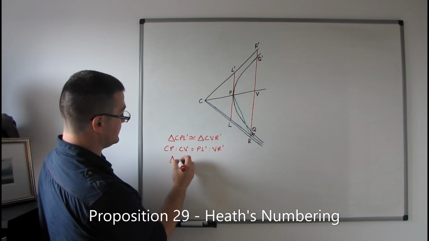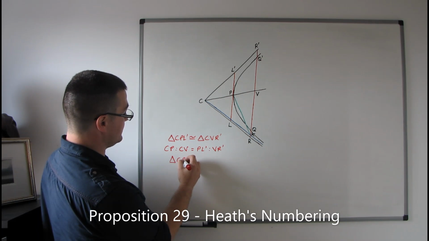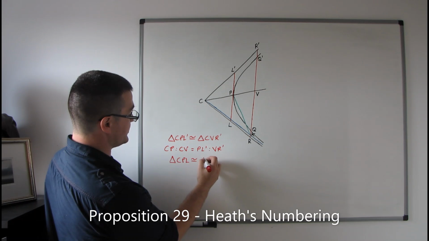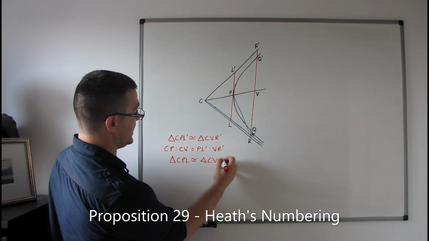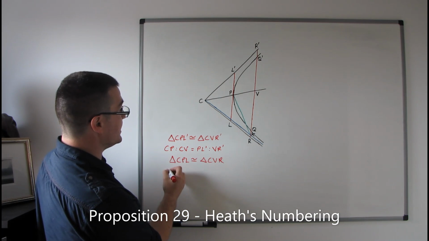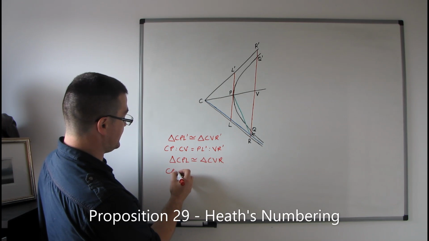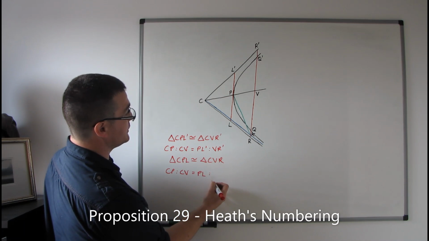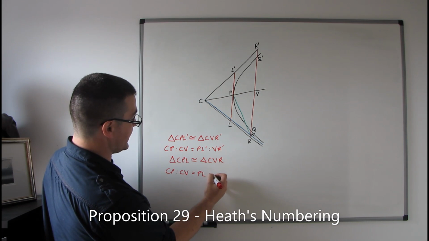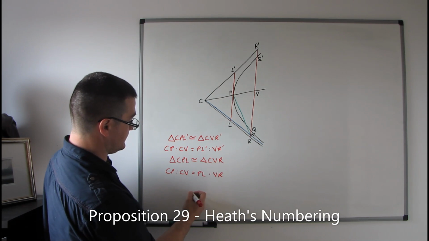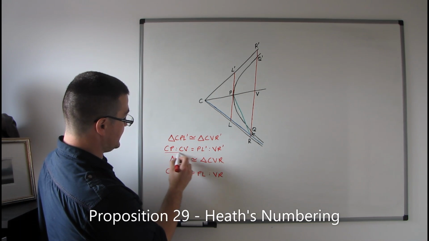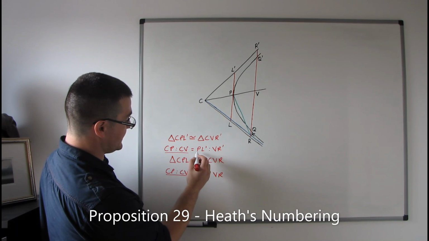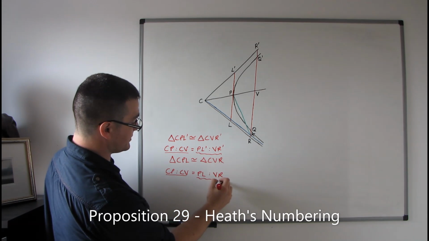Similarly, triangle CPL is similar to triangle CVR, and therefore, again, CP to CV is equal to PL to VR. So CP to CV, CP to CV, therefore this must be equal to this.